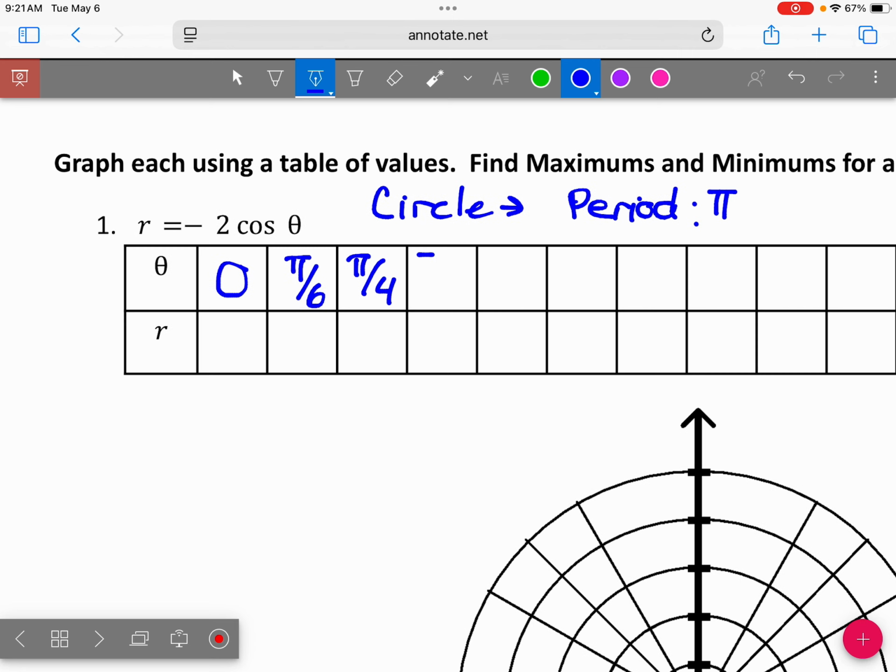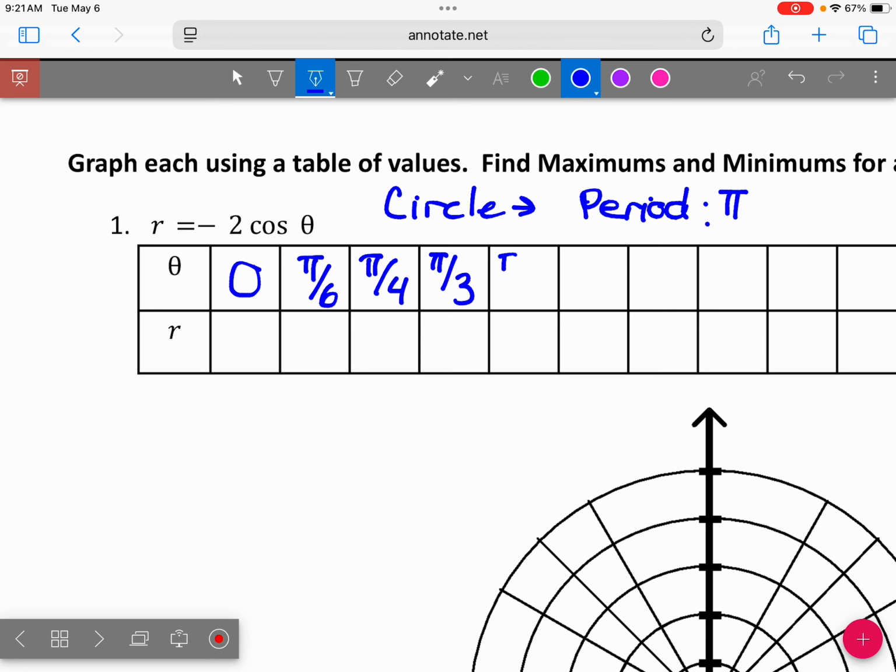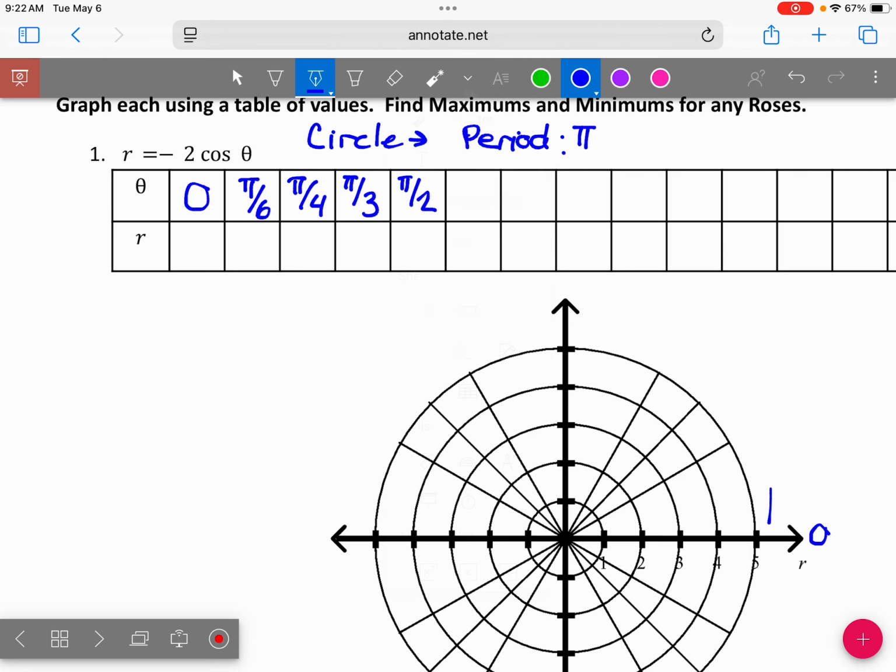All right, our pi over 3, our pi over 2. That gets us all the way up to our halfway here. Then we're on our 2 pi over 3. Well, we're just picking our angles right now.